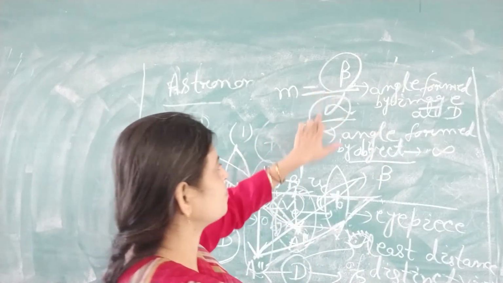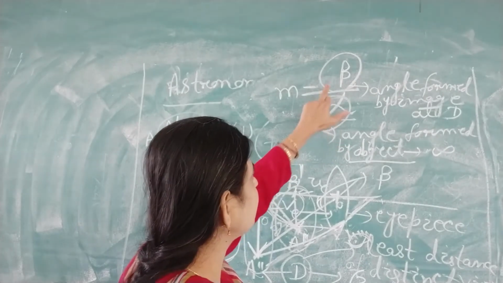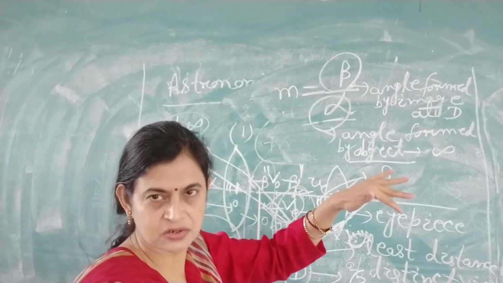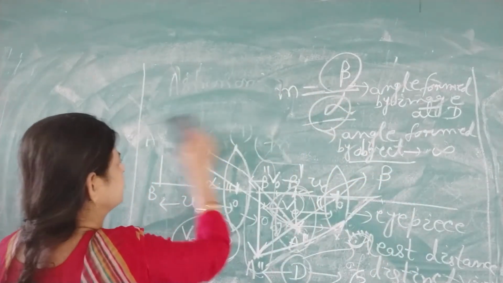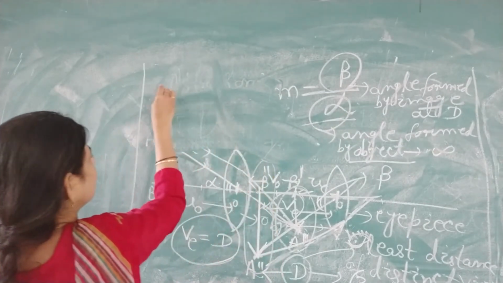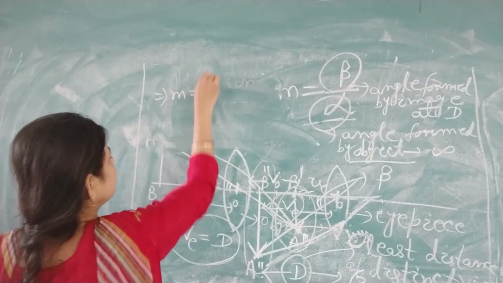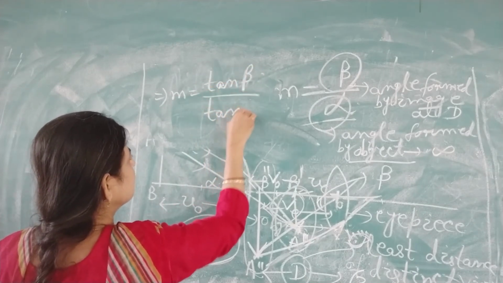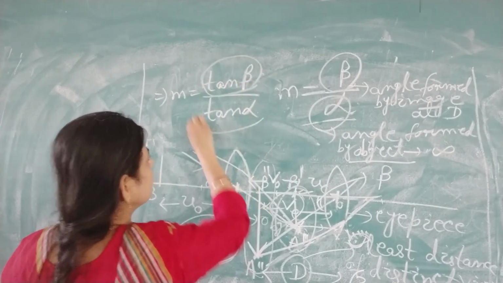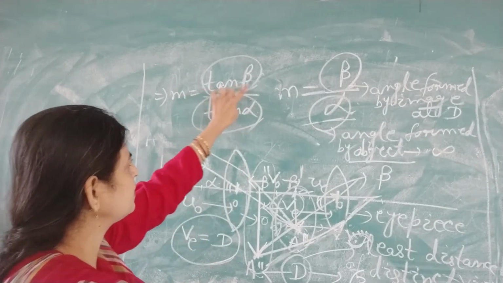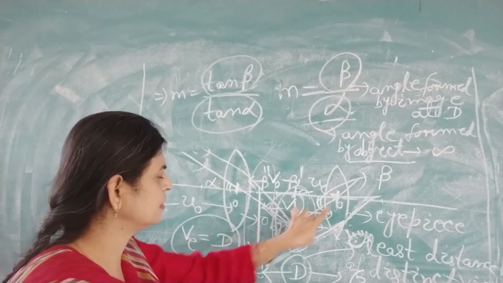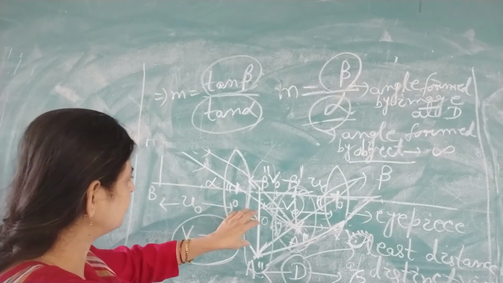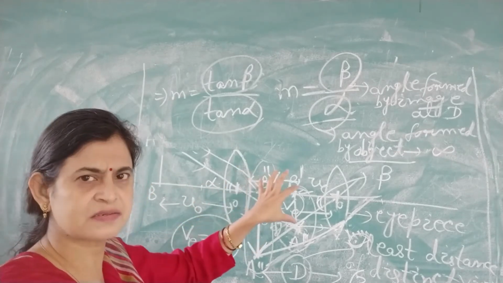Now these are small angles, so we can replace them by their tangents also. Or you can write down M is equal to tan beta divided by tan alpha. You can find out the value of tan beta and tan alpha by considering the respective right angle triangles.